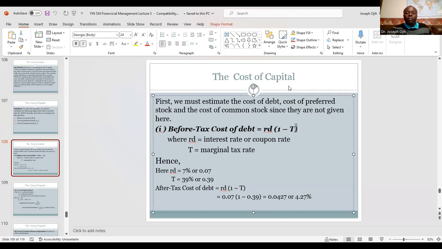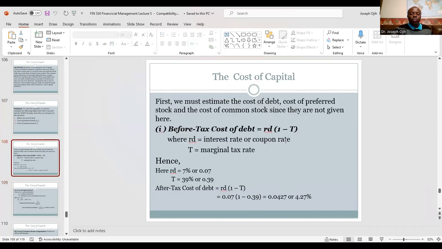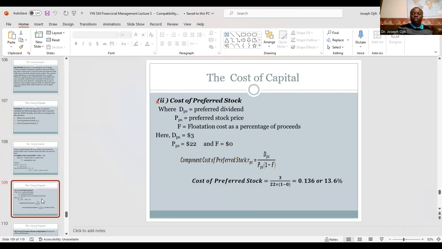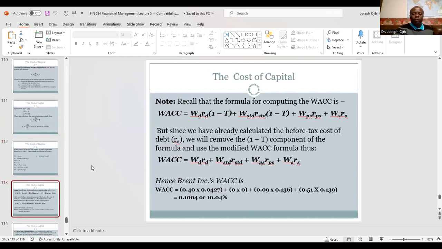So we will have to modify the formula a little bit because we can't use the 1 minus tax rate part again, to avoid double counting and messing up our work. So we're gonna use a revised modified formula in which the 1 minus tax rate part is removed, leaving us with this.